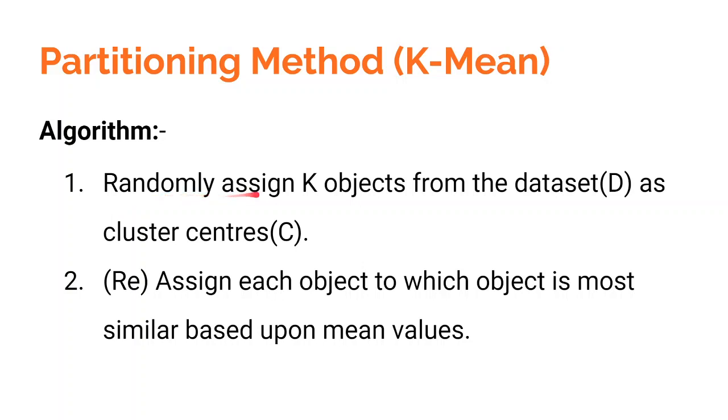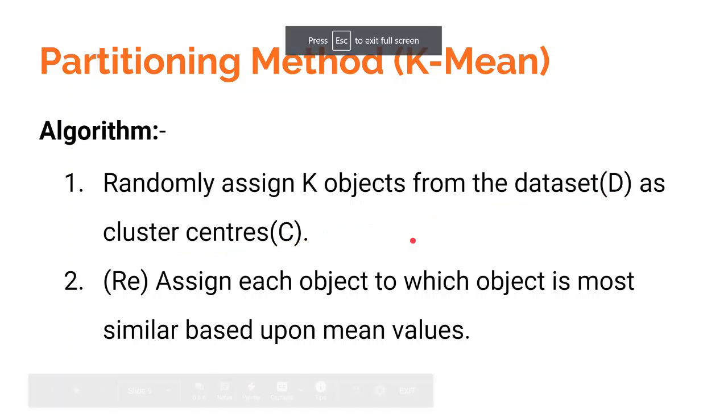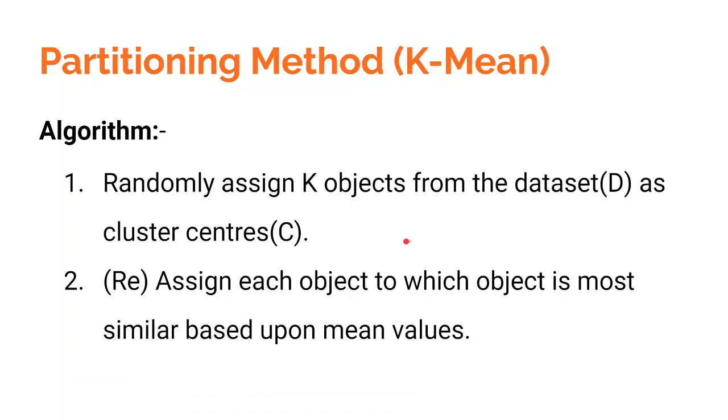Initially, randomly assign k objects from the data set D as cluster centers C. So here the user may apply any specified value to k, and based on that value initially we need to pick the centroid of the cluster, which is considered as the mean value.